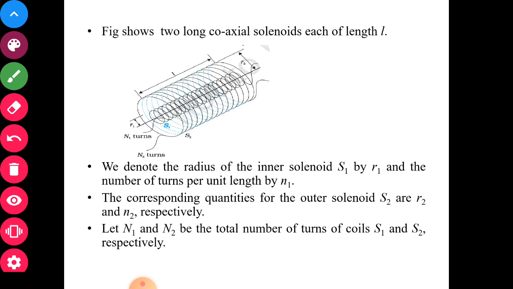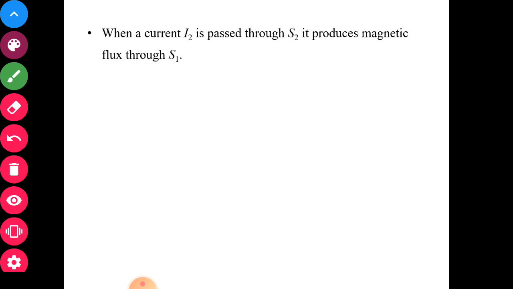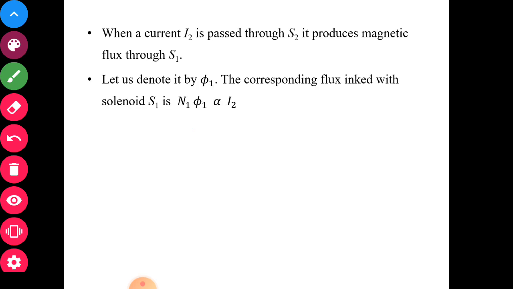Now we move further. When a current I2 is passed through S2, that produces magnetic flux in S1.